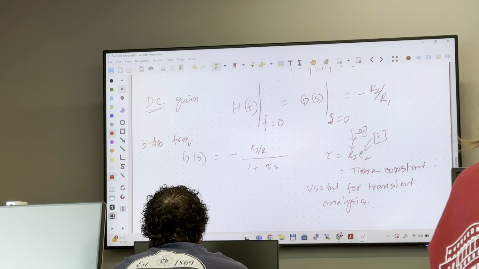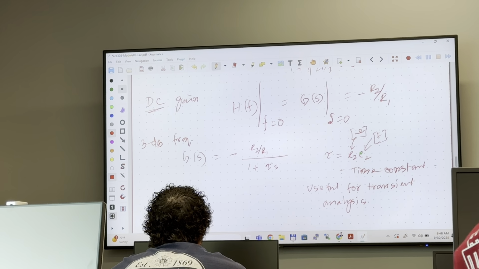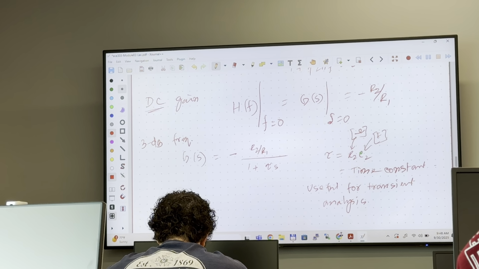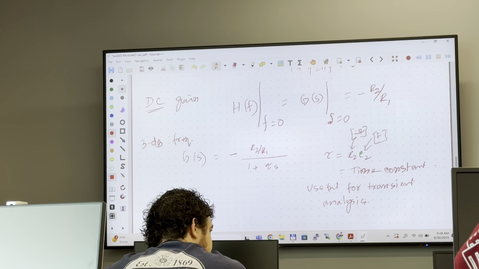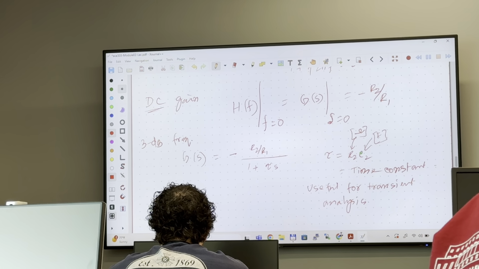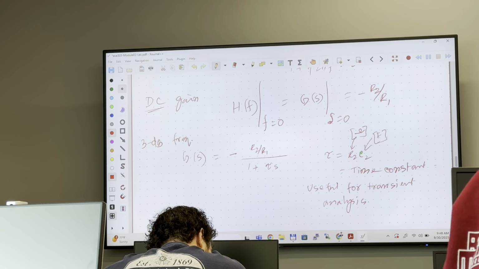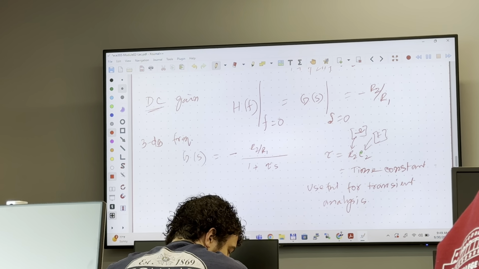If you multiply, you get the unit in seconds. RC time constant, you get the unit in seconds. What does this time constant mean? It tells you how fast the system will respond, how fast you get the output. That is the main point here. So you can use this time constant for analyzing transient response.